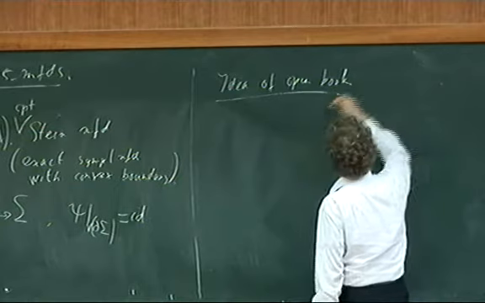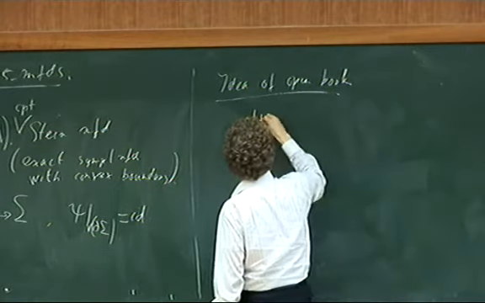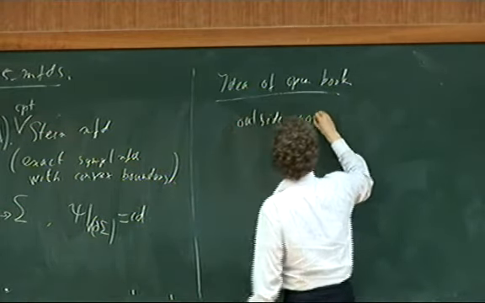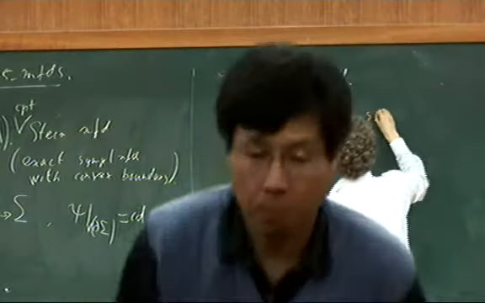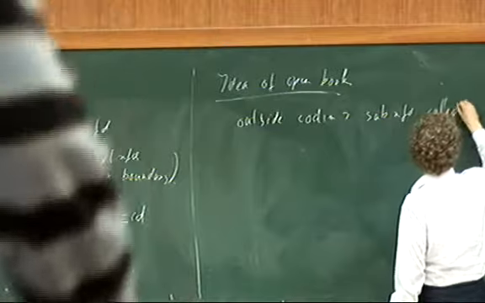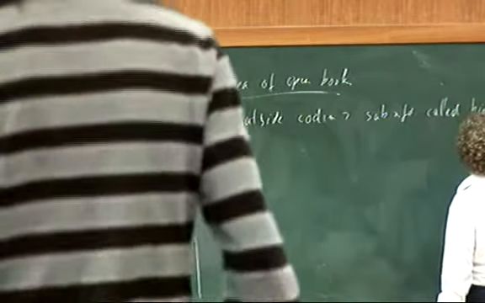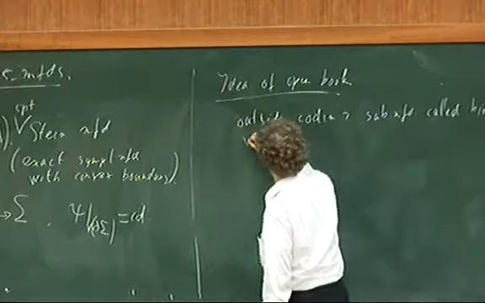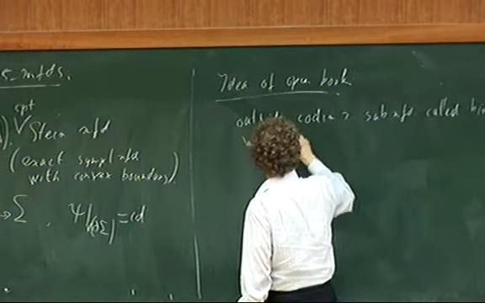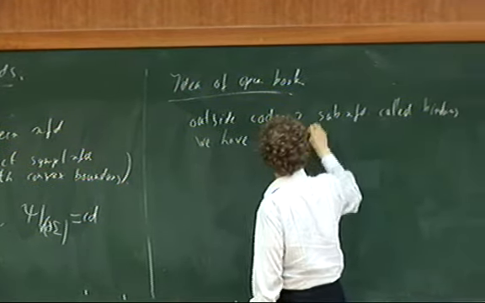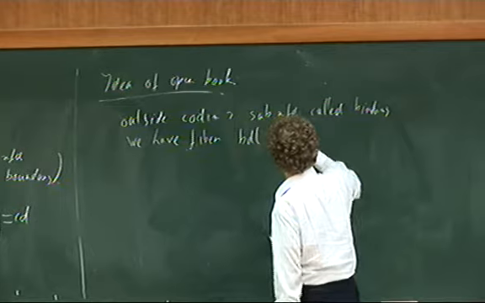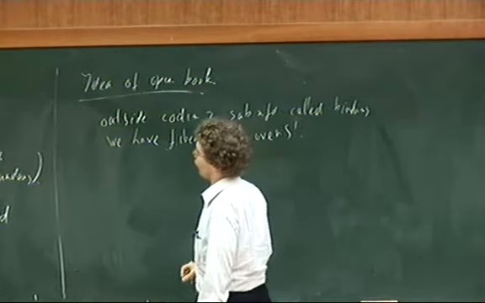So outside a codimension 2 submanifold called the binding, we have a fiber bundle over S¹.